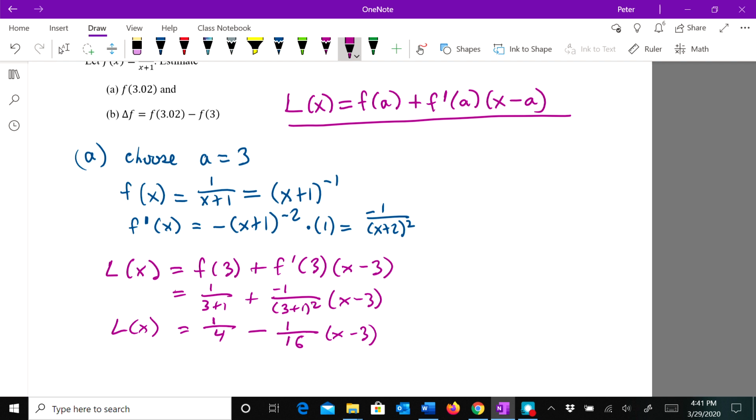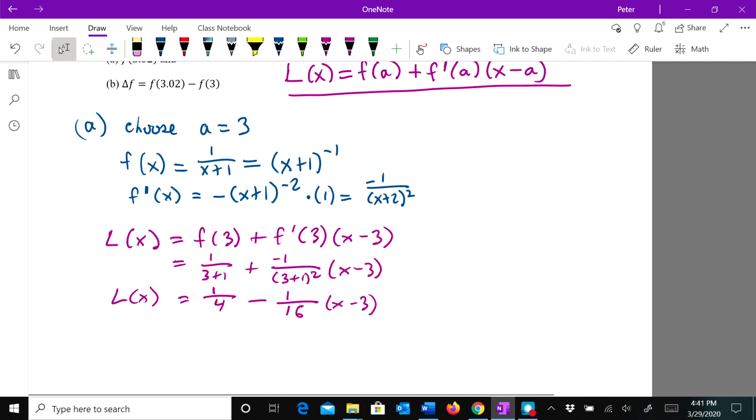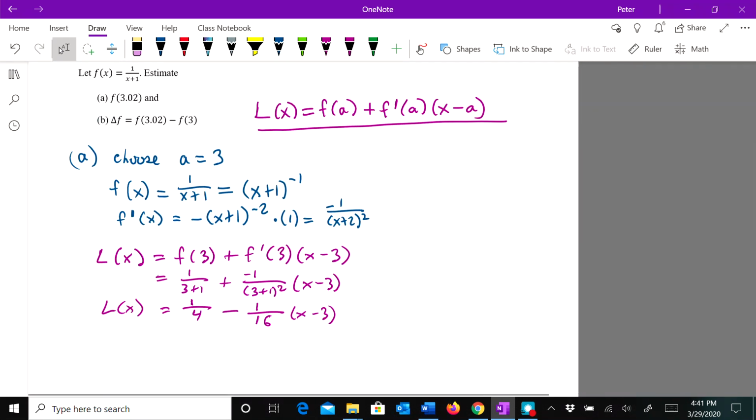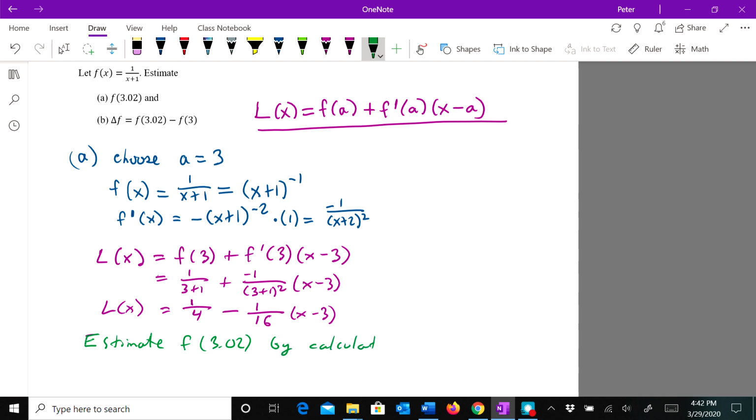Okay, so the thing that we want to do here is estimate, choose a different color, we want to estimate f of 3.02 by calculating L of 3.02.